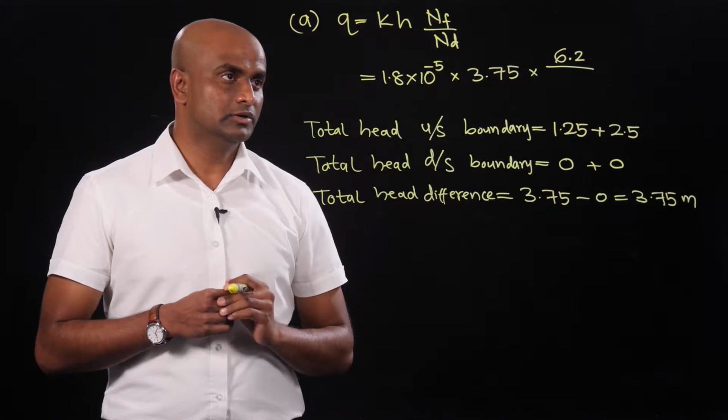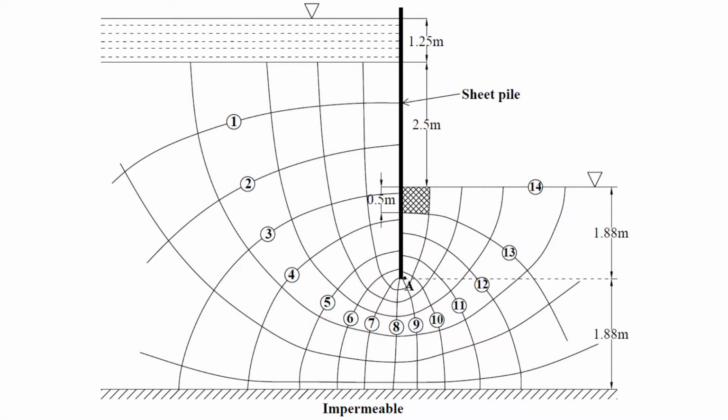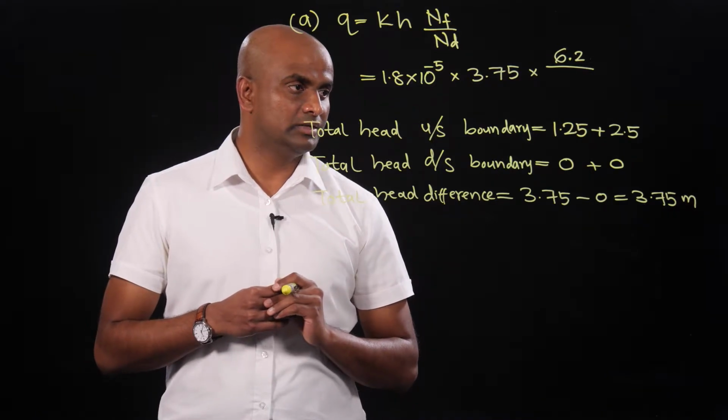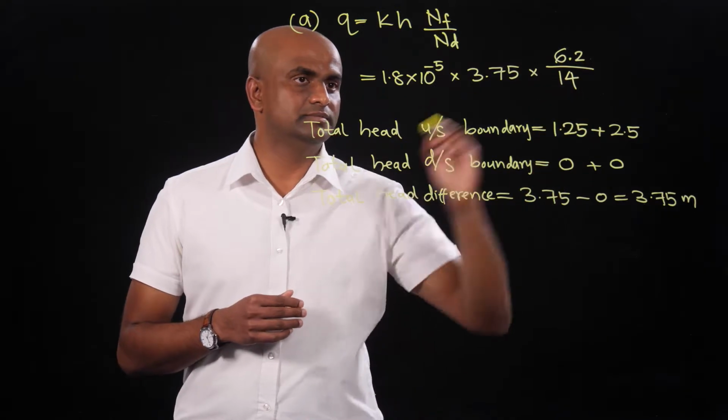And then you have to calculate the number of equipotential head drops. Your first equipotential line at the upstream boundary is the upstream boundary itself, and from there to the next equipotential line will be 1 head drop. Likewise, you can count the total number of head drops until the downstream boundary. If you count the total number of head drops like that, you will end up with a value of 14.